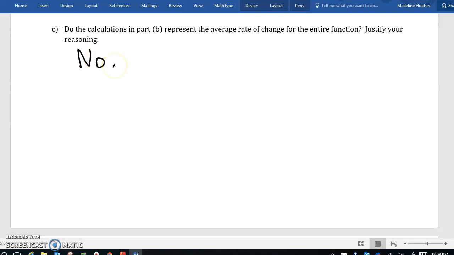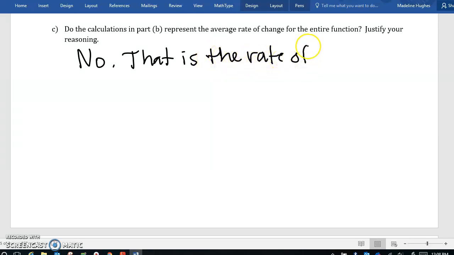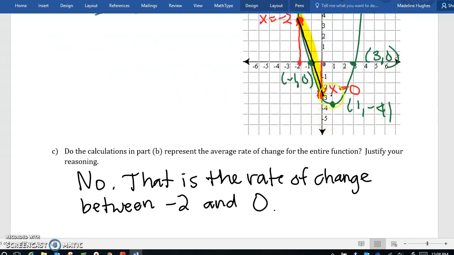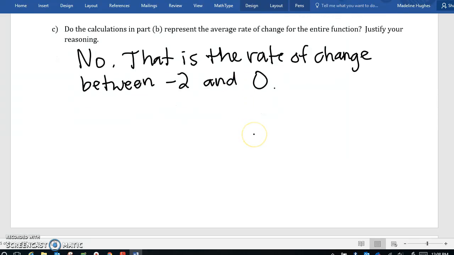No. That is the rate of change between -2 and 0 from part B. If we look at a different interval, maybe from 1 to 3, that's going to have a different average rate of change. It's going up, so it's going to be totally different. Okay, so we could say something like that.